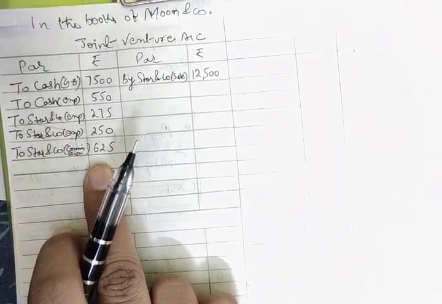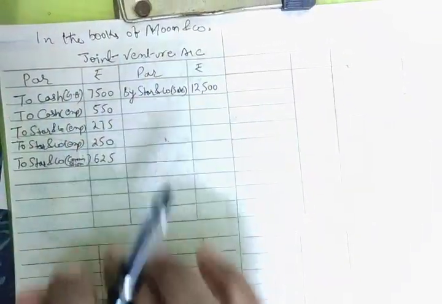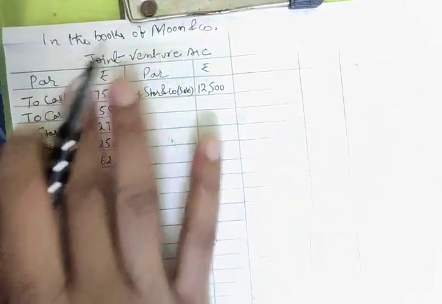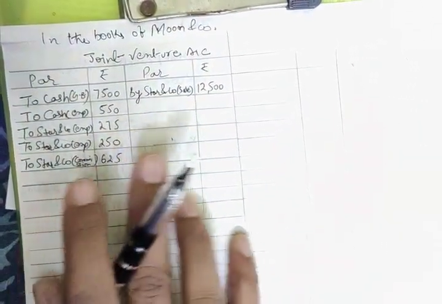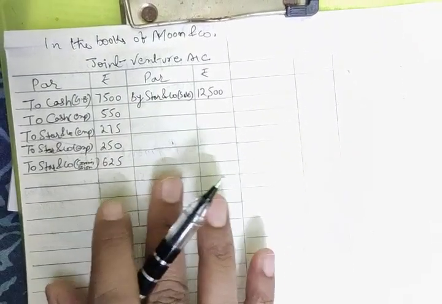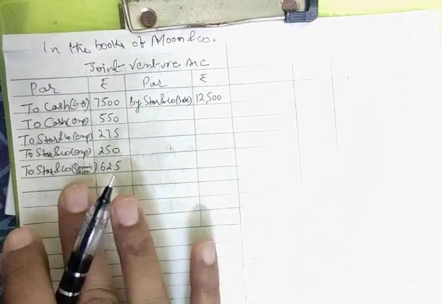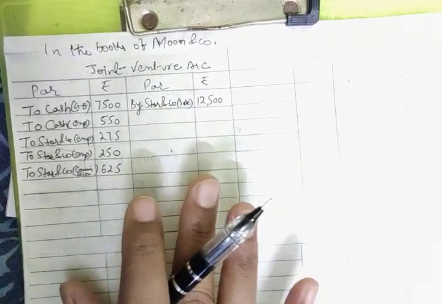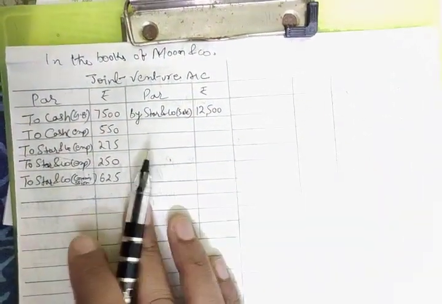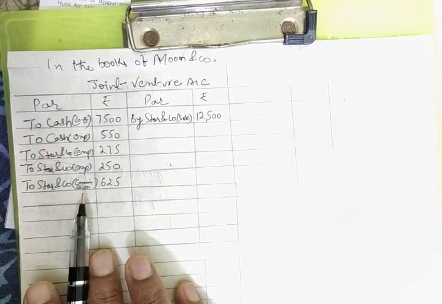After that, no amount information. They have told you to show the joint venture account and the other venturer's account in the books of both the parties. So that means all the entries are done. Now we need to calculate profit or loss. If the credit side is greater than the debit side, then we will have the profit. If you make the total of this and this, definitely you will get to know that the credit side is greater than the debit side.